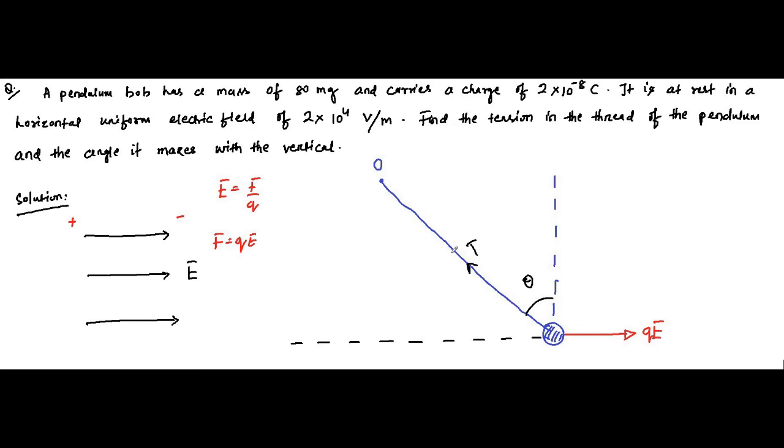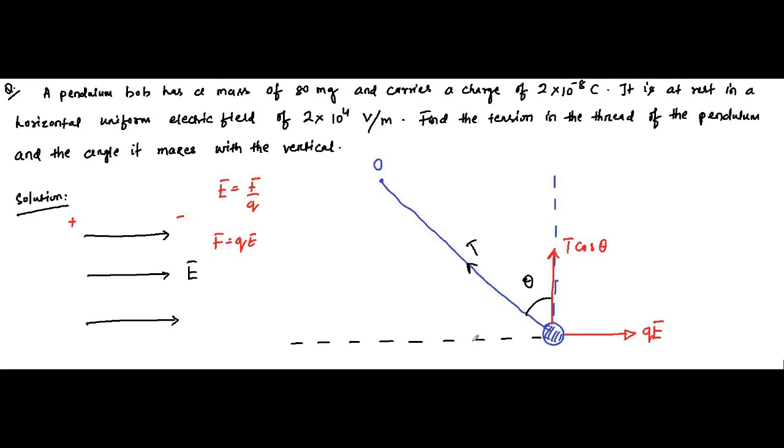Then we can resolve this tension force acting along the thread carrying the pendulum into horizontal and vertical components. The first one acts along the vertical axis upwards: T cos theta, the vertical component.